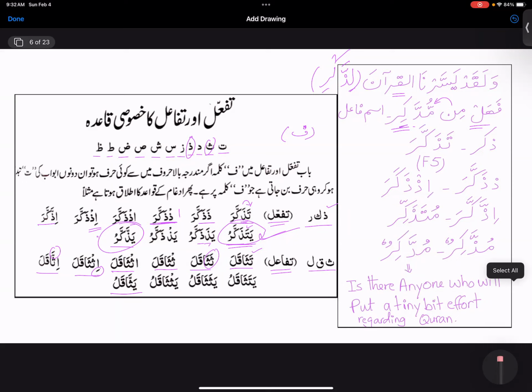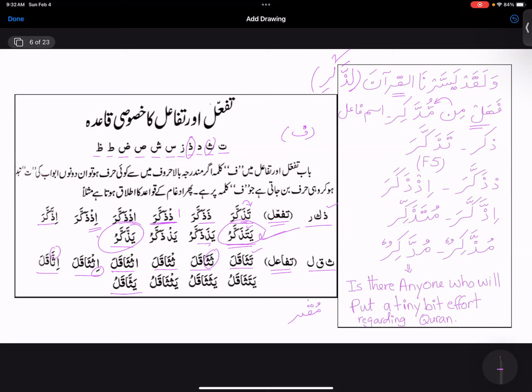What comes to your mind? Ism fa'il, right? So the zal changes to dal in the eighth form, no? Yeah, that's what I'm trying to explain. So iktaraba, and then it will be muqtaribun, right?